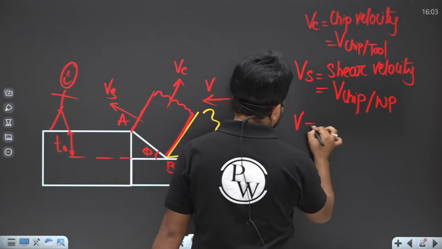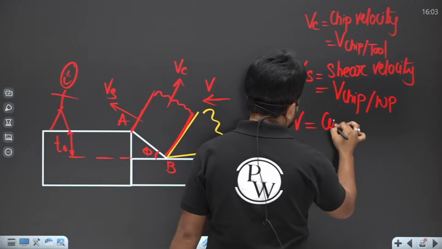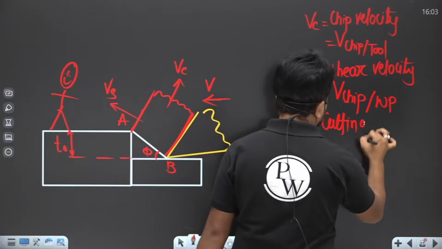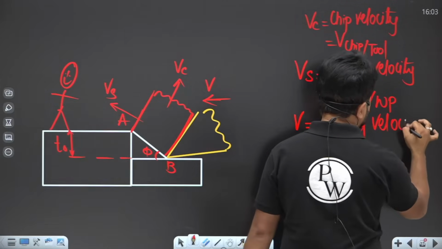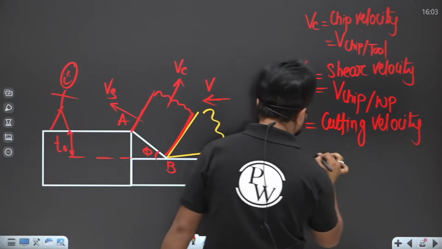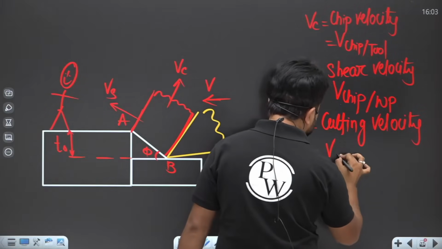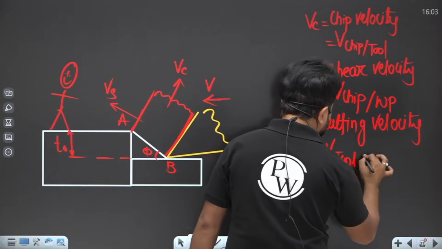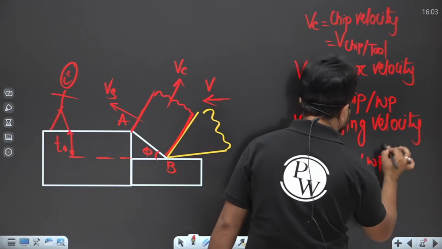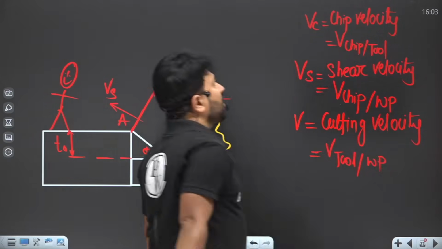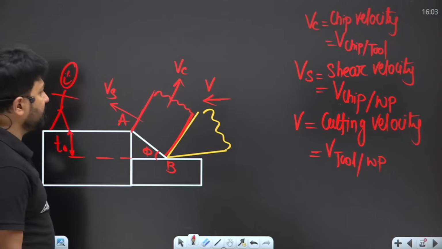Now V, that is the tool or cutting velocity. This is also a relative velocity. This is the velocity of the tool with respect to the workpiece. So all the velocities are, my dear, relative velocities.